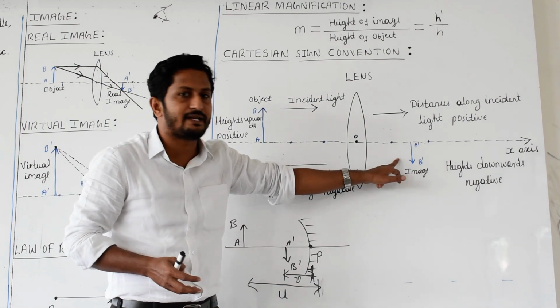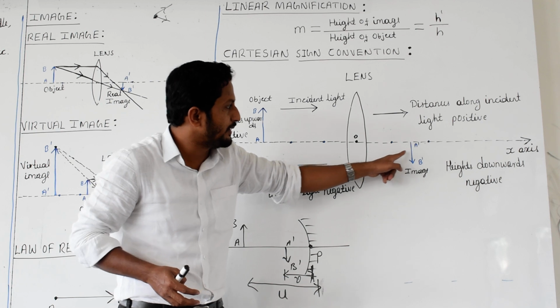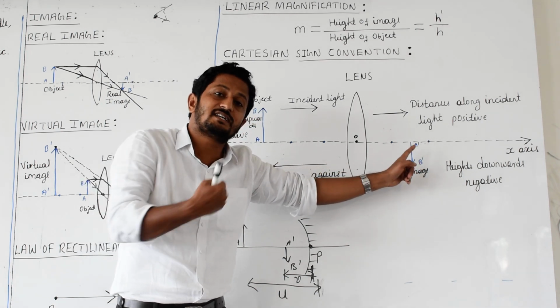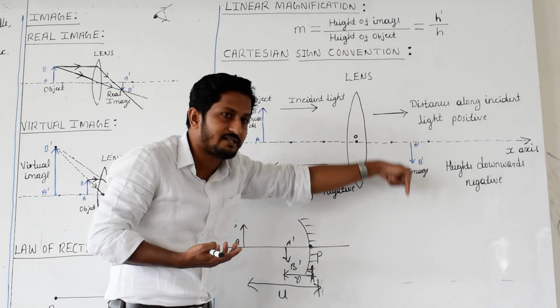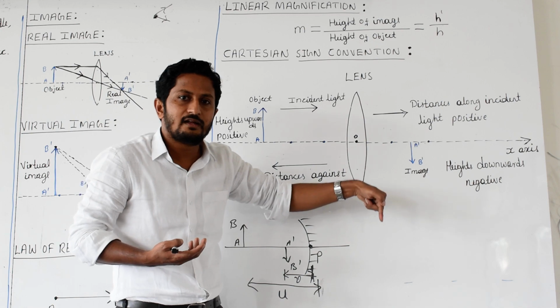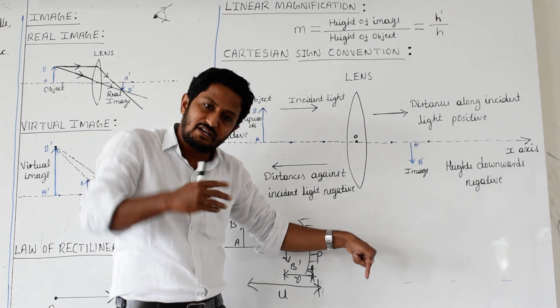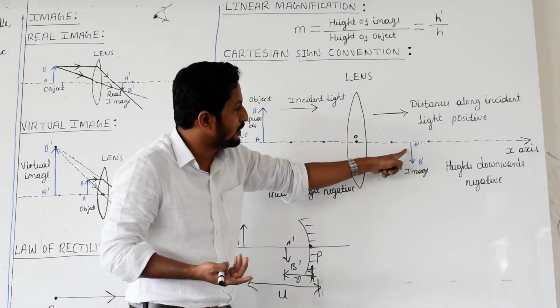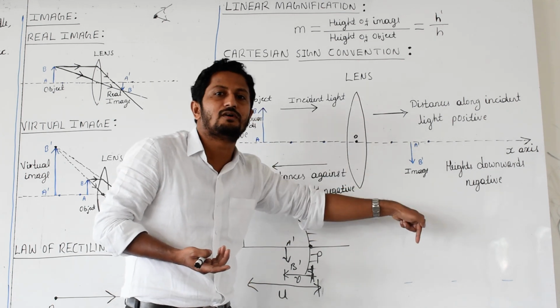Look here on this diagram. Here we got A dash B dash as the image. Which kind of image is it? It is an inverted image. The top being vertically downward, it got inverted, so now that image is vertically downward.